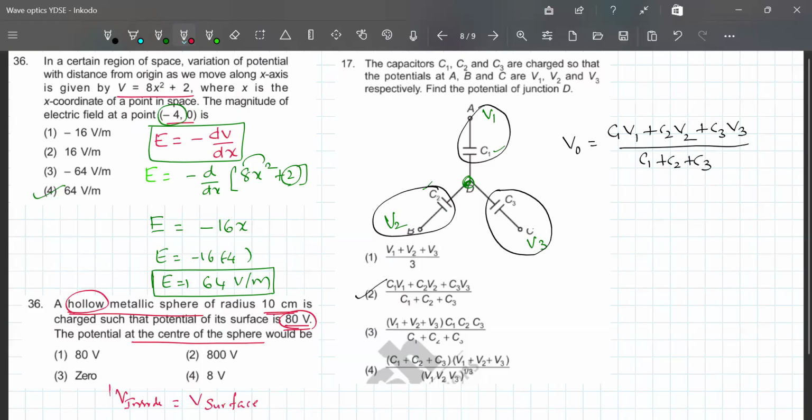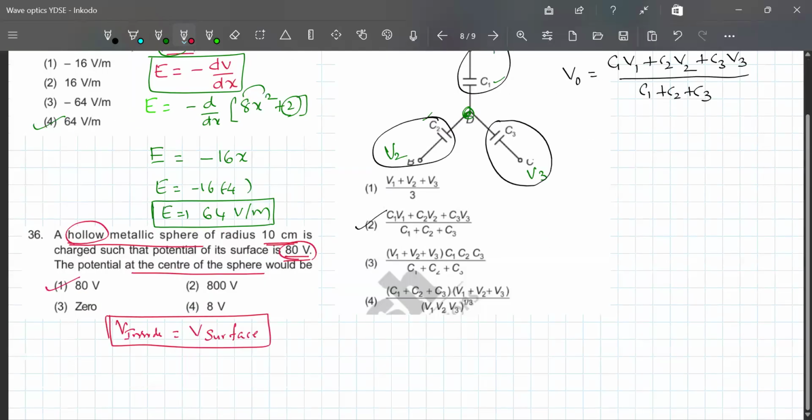In the case of hollow spheres, whatever the potential is on the surface, from the center to the surface it remains constant. So the answer is 80 volt only. So the answer is 80 volt.